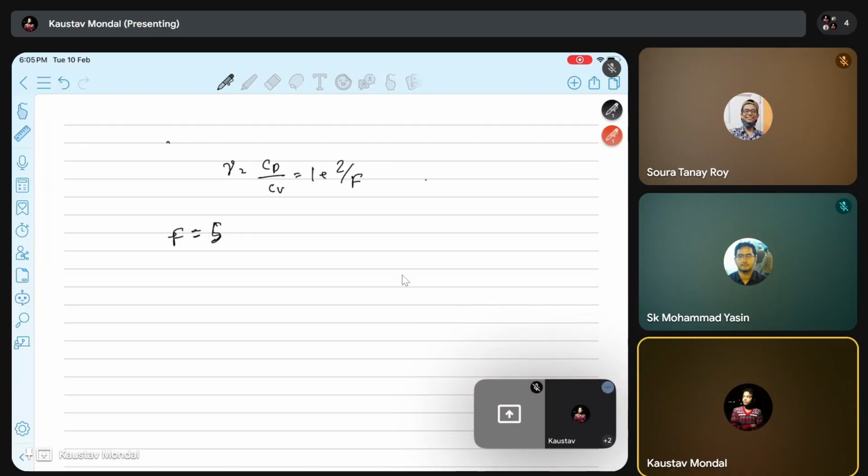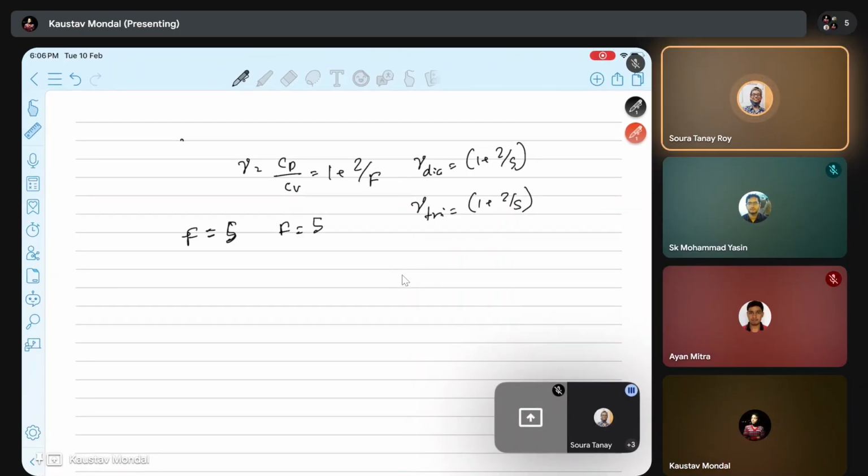So gamma for diatomic would be 1 plus 2 by 5, and for triatomic it should also be 1 plus 2 by 5, right? Yes. So it's coming 7 by 5.